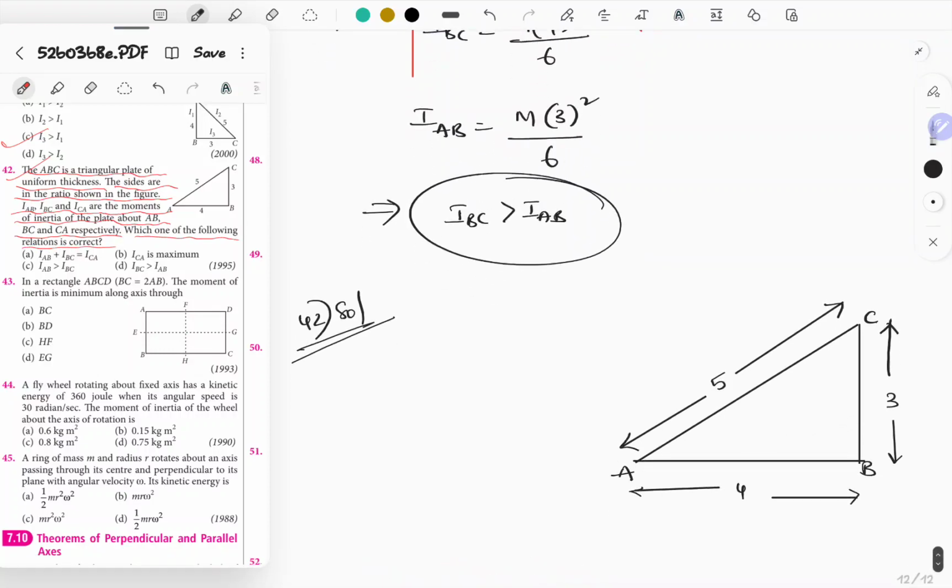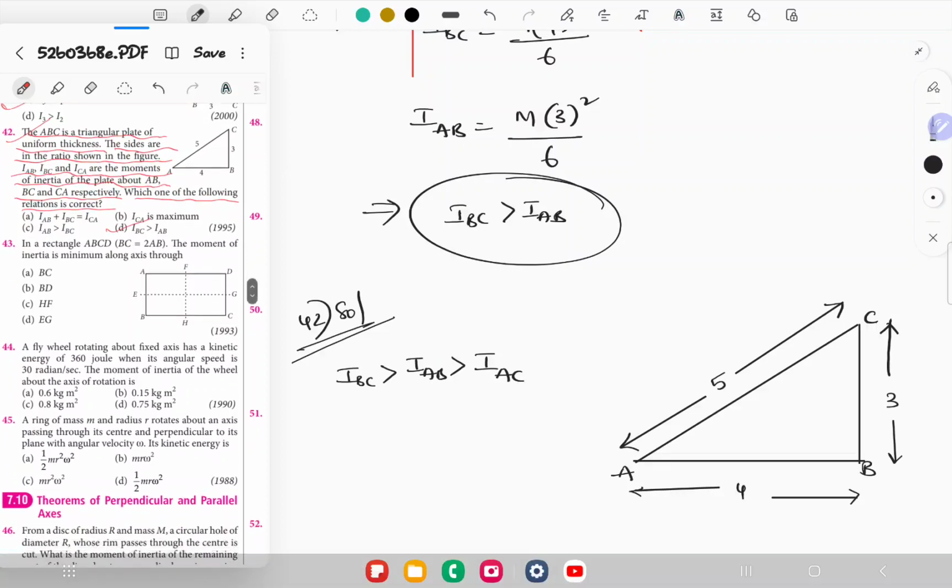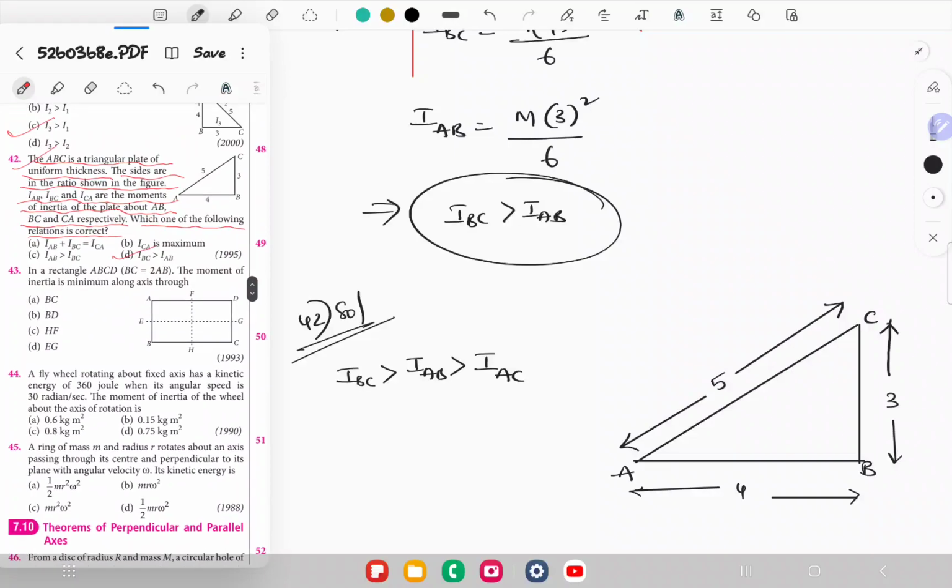Just now I told you. Which is greater? Definitely IBC is greater than IAB, which is greater than IAC. Which option matches? Option D is the correct answer. Okay, ma? Is it clear? Understood?